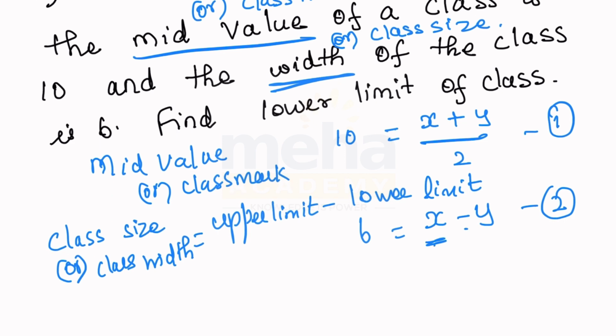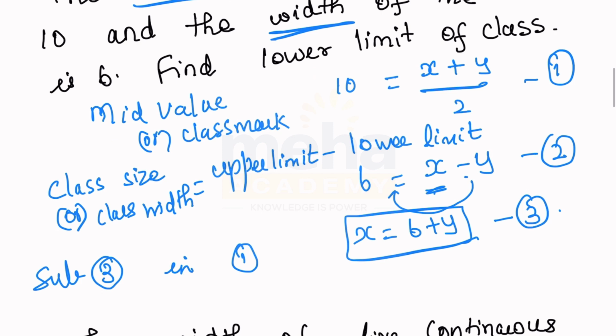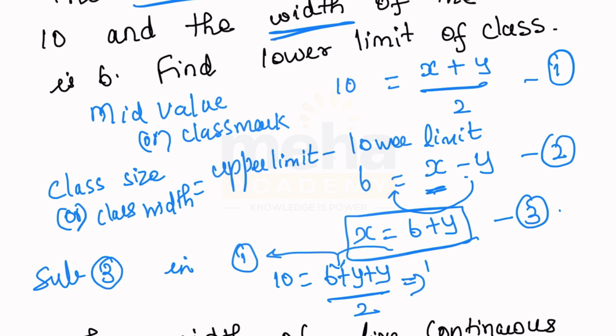From equation 2, let us find the value of x. I bring the y to the other side, so x becomes 6 plus y. Now I substitute this value of x in equation 1. Then 10 is equal to (6 plus y plus y) over 2, that is 6 plus 2y over 2.